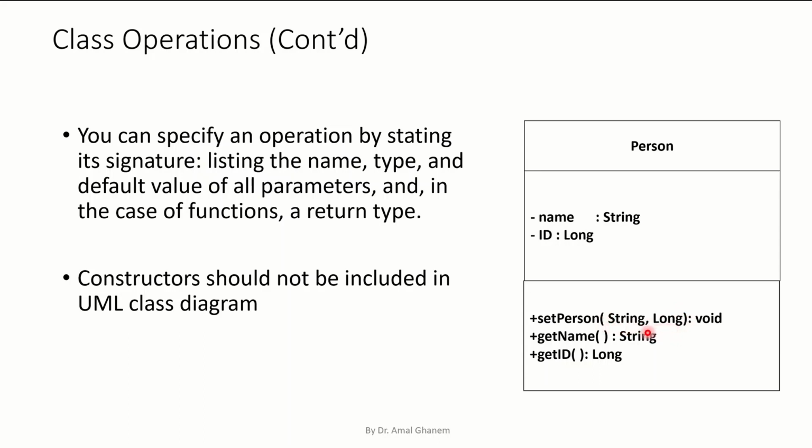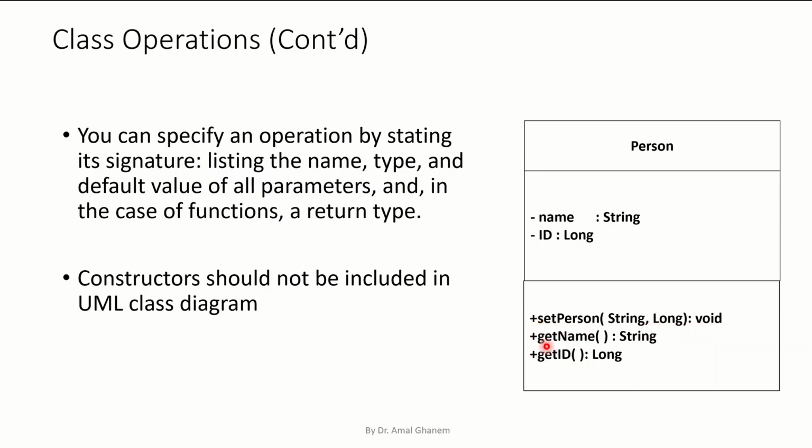What does it mean? It means this method is called setPerson. This is the name of the method. It will take two parameters, String and long: String because I have to take a string for name, and long because I have to take a long for ID. And then colon void. Void means this method will return nothing. And we start with the plus, which means this is a public method.